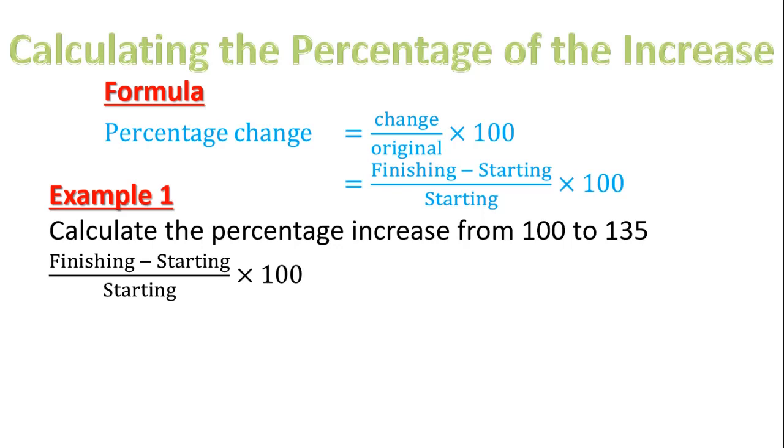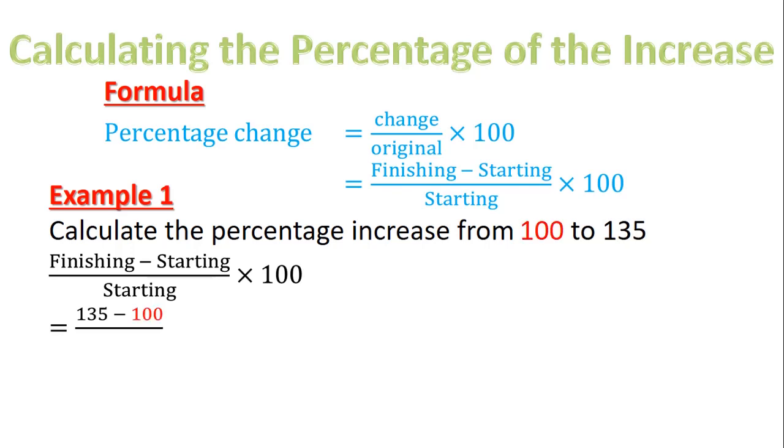So that equals, and we start off with our fraction line. Let's have a look. What is our finishing amount? Our finishing amount is 135. Then we subtract, and our starting amount, we're increasing from 100, so our starting amount is 100.